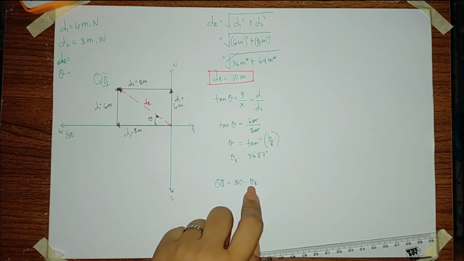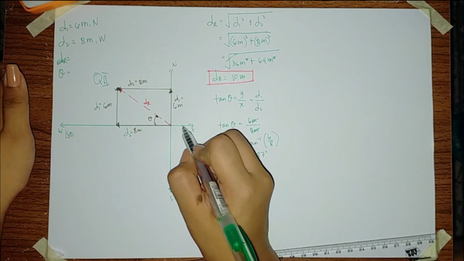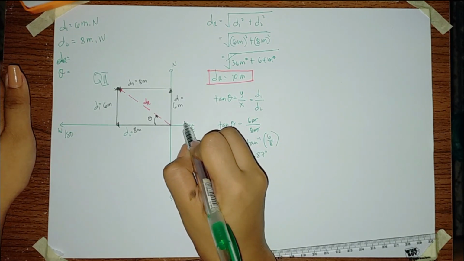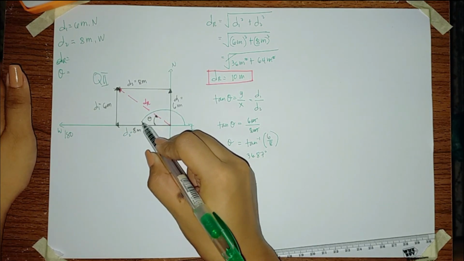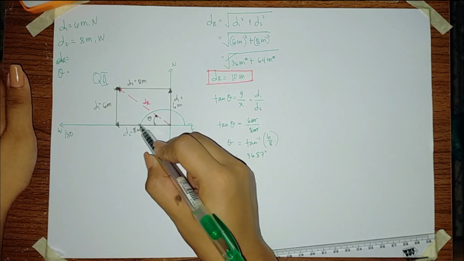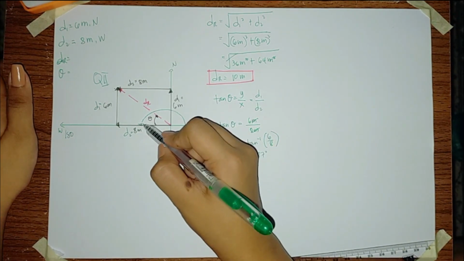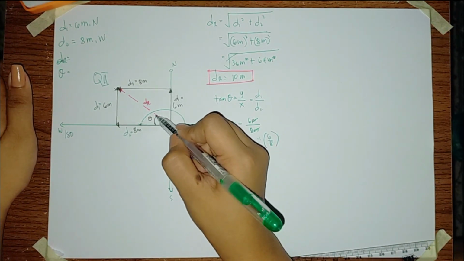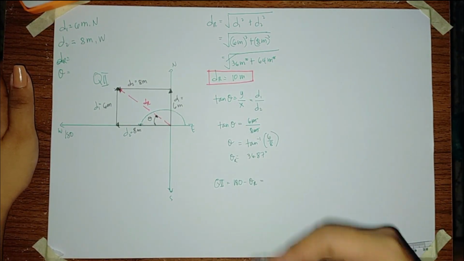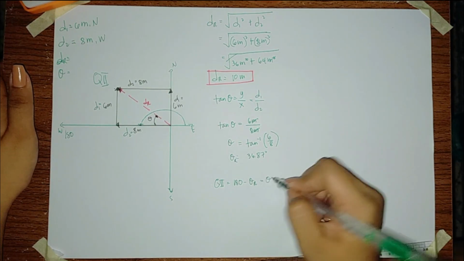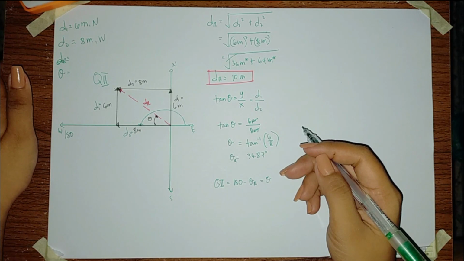Why minus the reference angle? Because, let me show you, from the east, your angle goes all the way to 180. But then, it comes back by 36.87. So, what do you do? You subtract it to find your final angle.